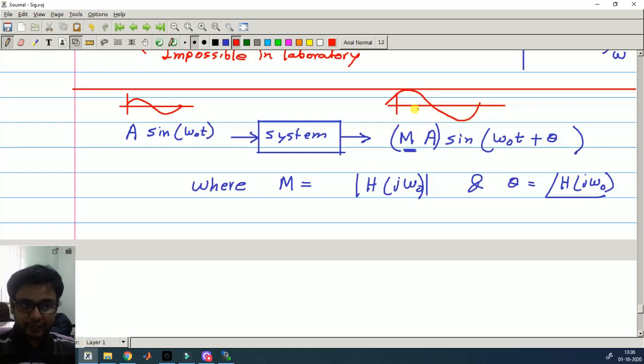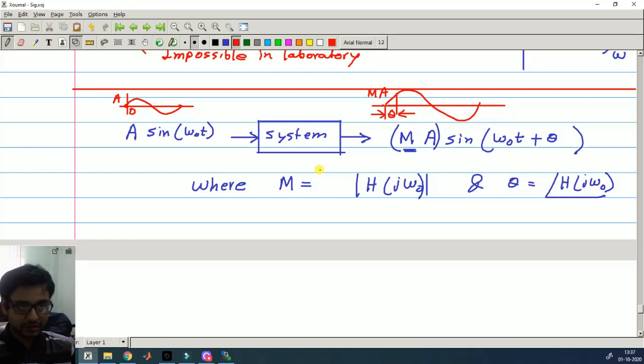It is magnified by a factor of m, so this height will be m a if this height is a, and it is also advanced in time by an angle of theta. This starts at time 0, this starts earlier, and you can measure this angle theta and the amplification factor or gain factor m experimentally.